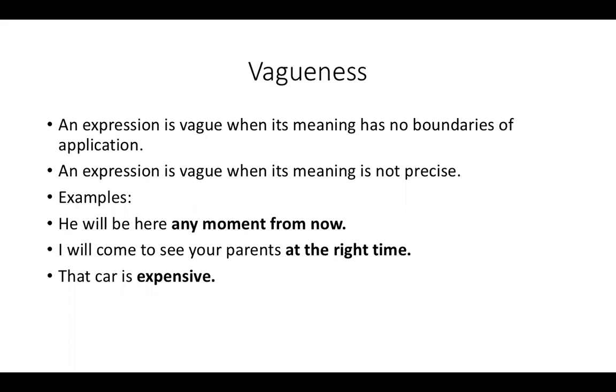You can't apply it anywhere. It has no clear boundary of application. That car is expensive. Well, the only thing that the word expensive tells you is that the price of something is higher than it should be. But as to how high it is, you have no idea.